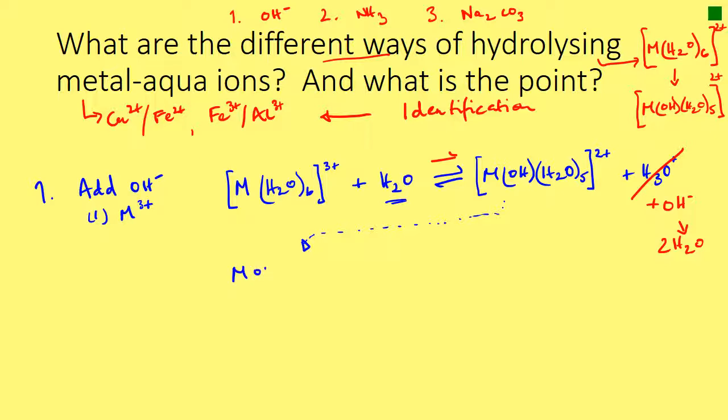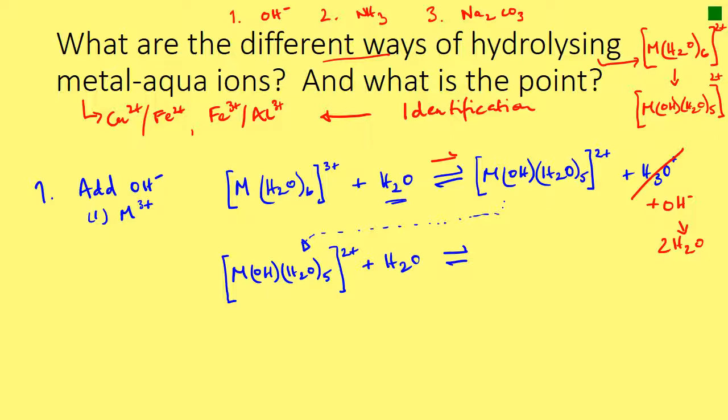So we've got a metal ion, it's the metal 3+ ion, we've got 1 hydroxide ligand and 5 water ligands, all with a 2+ charge, and it is also reacting with a water molecule, and the same thing is going to happen.